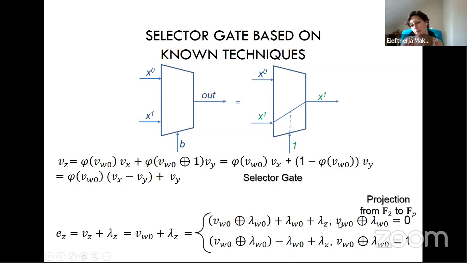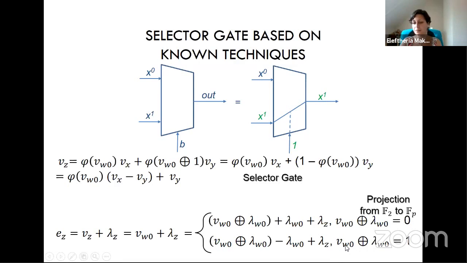If the external value on the Boolean wire is 0, this means that the real value is equal to the permutation element. So since this is 0, if I simply add the value of the permutation element, what I get as a result is the real value on the wire. So I can simply add the new permutation element in FP.